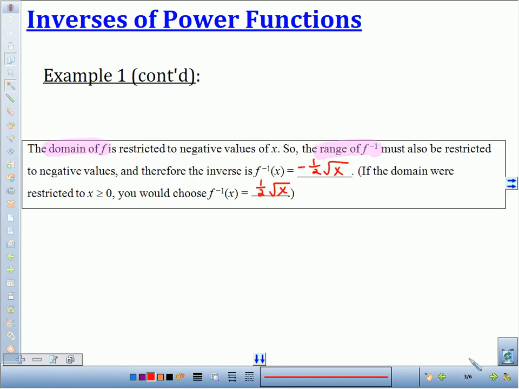Okay. Now, one thing that tends to happen with power functions is the graphs can curve. And we need to know if the inverse of a power function is also a function, because it might not necessarily be that way.